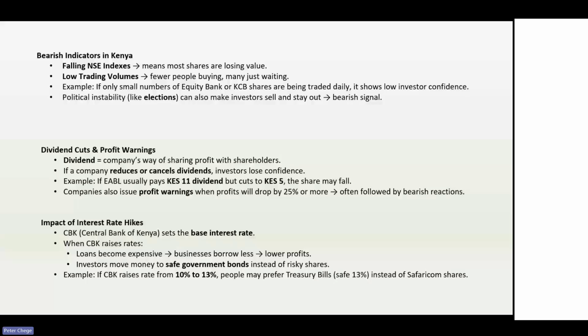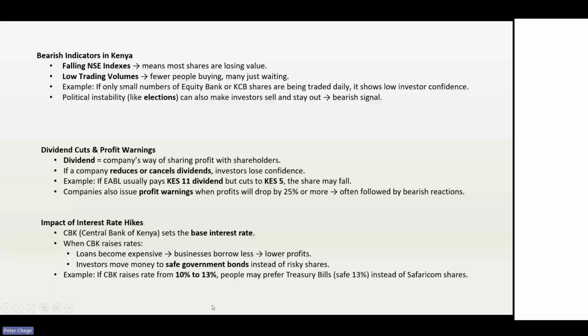Then there is also the impact of interest rate hikes by the central bank. We all know who sets base interest rates. It is the central bank, just to protect us as the investors or also consumers of other products. So when CBK raises those rates, you find the loans become expensive.